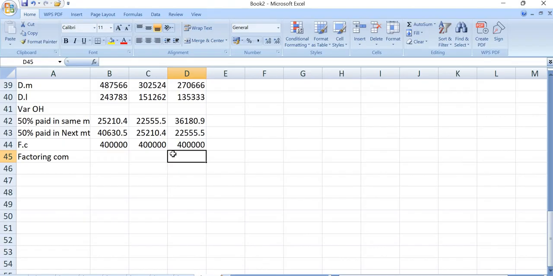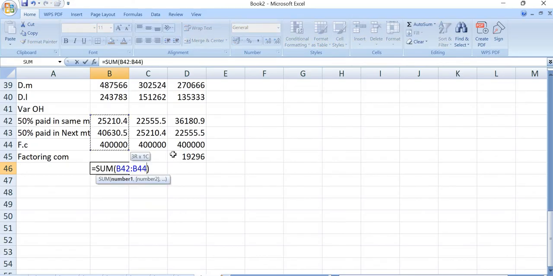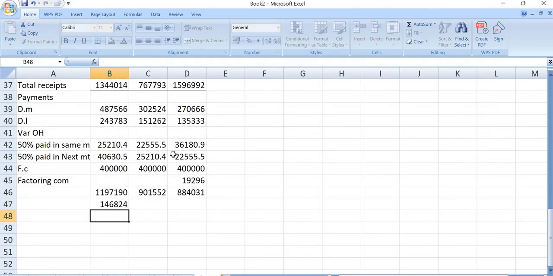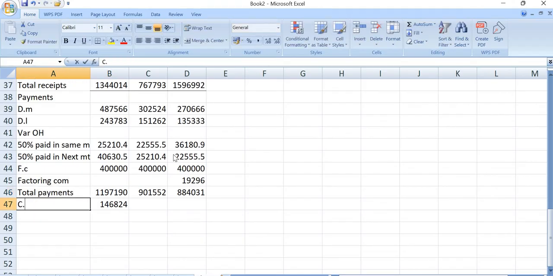Credit sales June is 9,64,000. So in this we are going to pay factoring commission as 2%. That is 964,824 into 2%. So 19,296 we are going to pay. So factoring commission in June month 19,296.